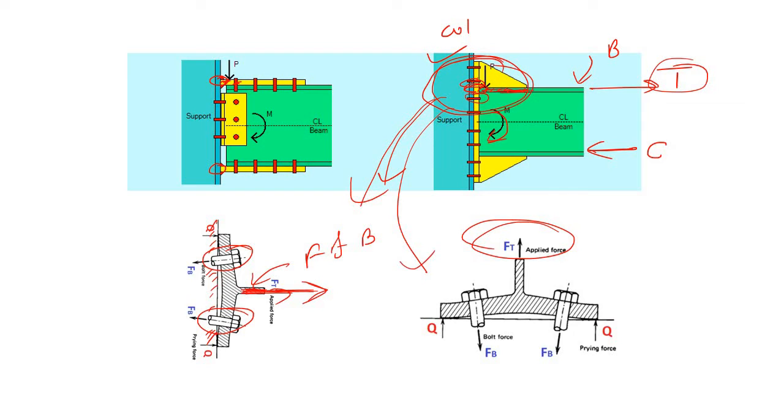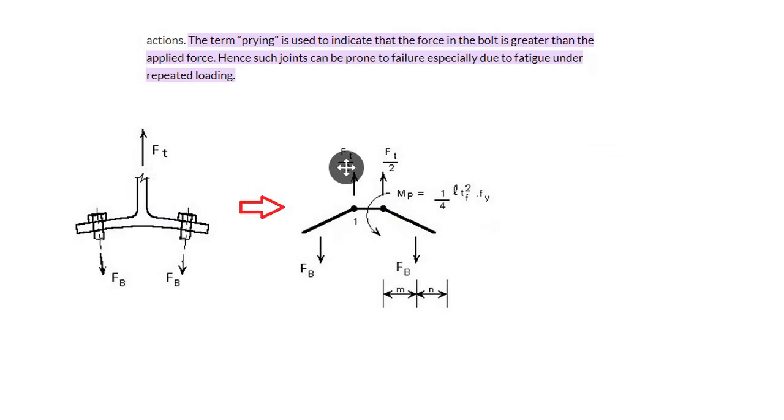Now let's understand how these prying forces are developed and what the effect is in our connection. First, let's understand the meaning of the term prying. You can simply read it by pausing this. Prying is normally used to indicate something greater than normal cases.